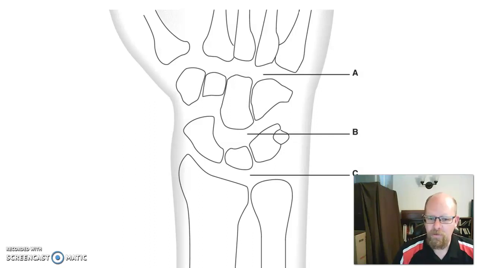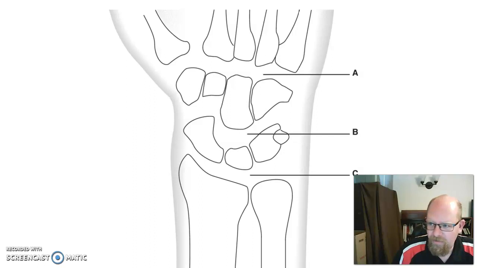Now understand the wrist itself is an individual joint, and we can describe it as synovial, biaxial, because we have sagittal plane, frontal plane. It's a good combination of mobile and stable, not as mobile as the shoulder, more mobile than the elbow, not as stable as the elbow, but more stable than the shoulder. So it's a good combination.